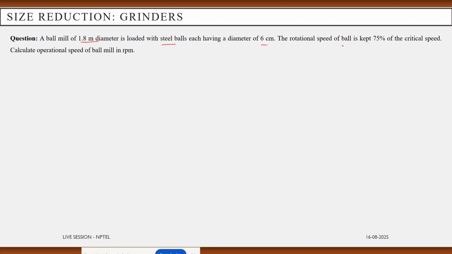Now the rotational speed of the ball mill is kept at 75% of the critical speed. So what is the operational speed of the ball mill? You have to calculate it in RPM.